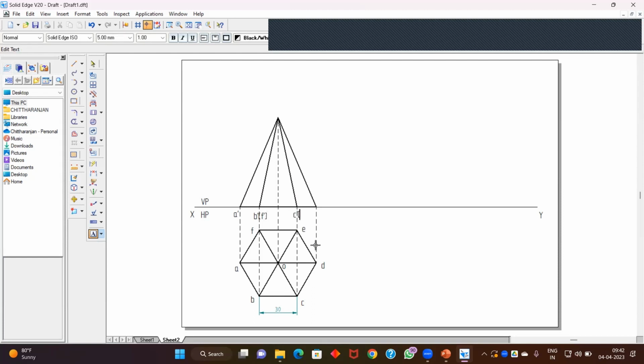This is c dash with square bracket e dash and d dash, o dash. And give the dimensions.